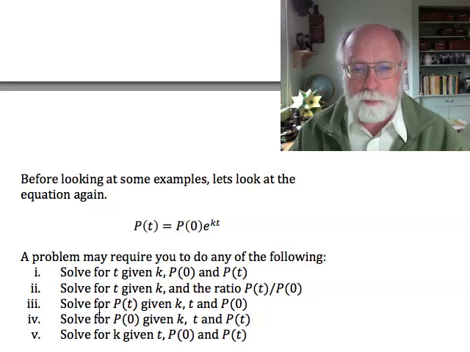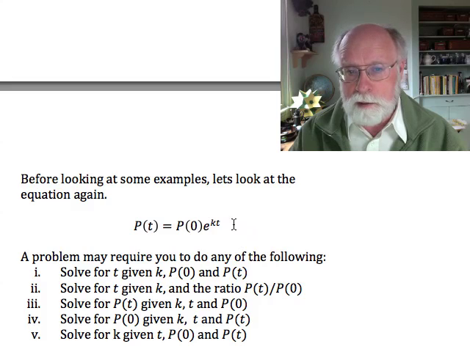For example, you could be asked to solve for k given t, p of 0, and p of t. That could be one of the kinds of questions you could be asked to solve. And because we are then saying look for one of these when we have the other 3, it's just a matter of knowing the right methods to use to algebraically isolate the one you're looking for.